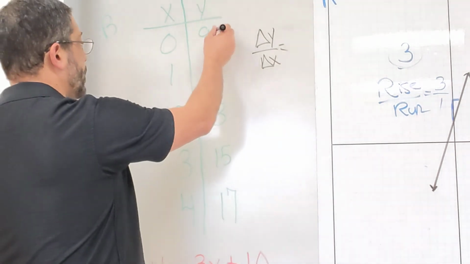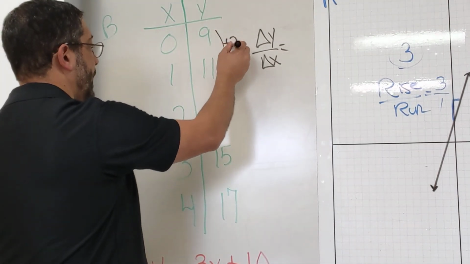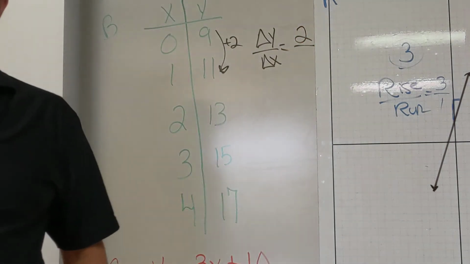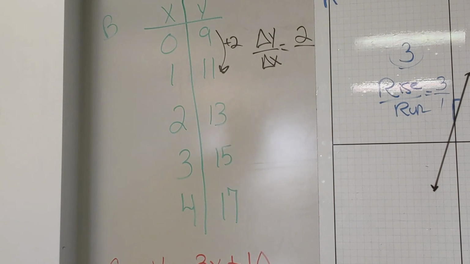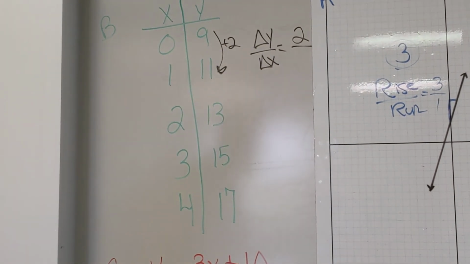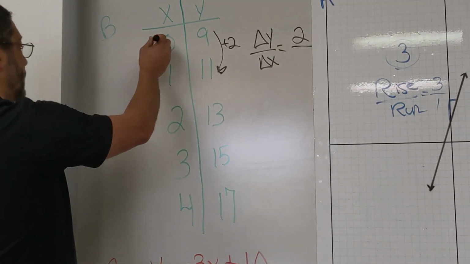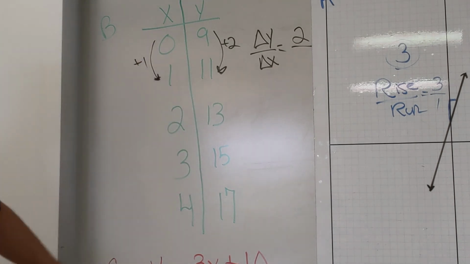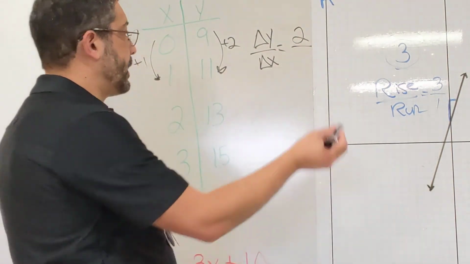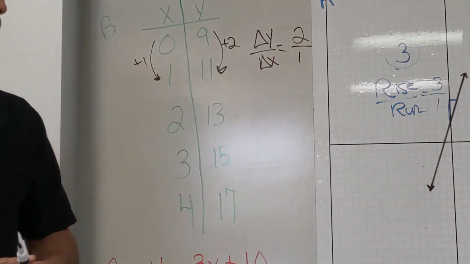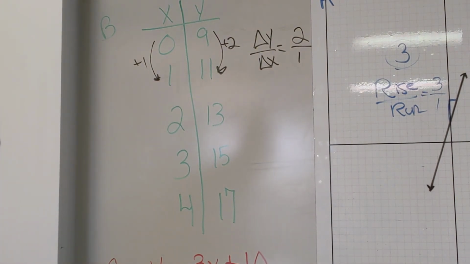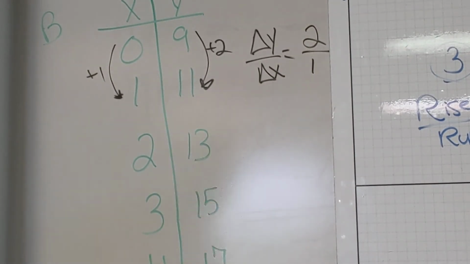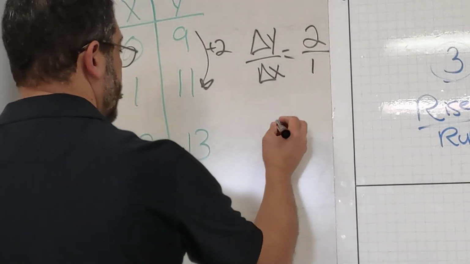So I'm counting up, or increasing, by a positive 2. That means my change in y is going to be 2. If I look at the x values, I go 0, 1, 2, 3, 4. So again, I'm counting up by 1 each time. That leaves me with 2 over 1. So then my rate of change for B is going to be 2 divided by 1, or 2.